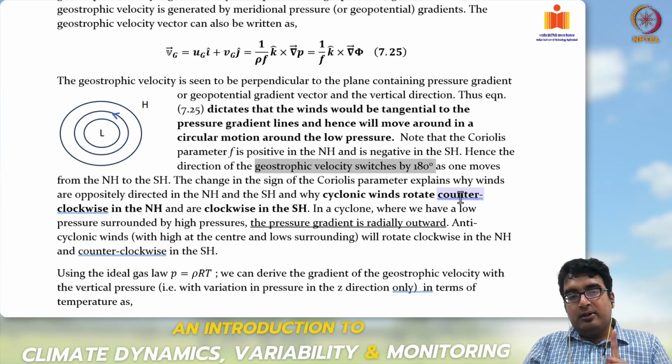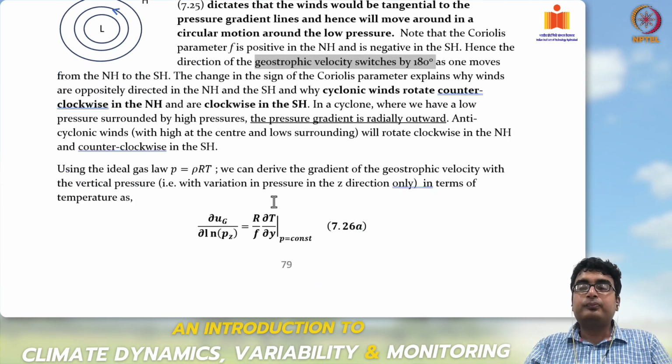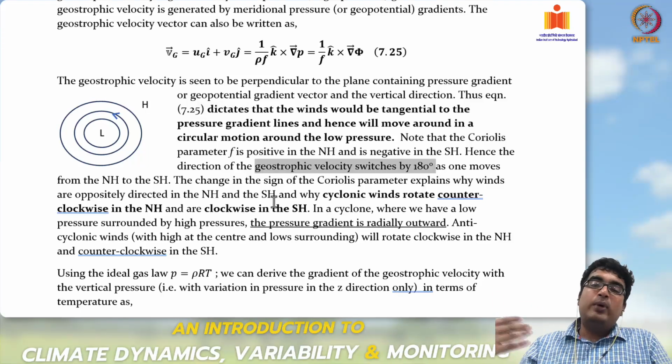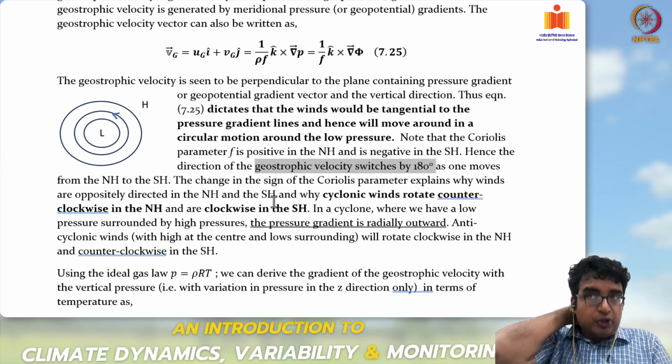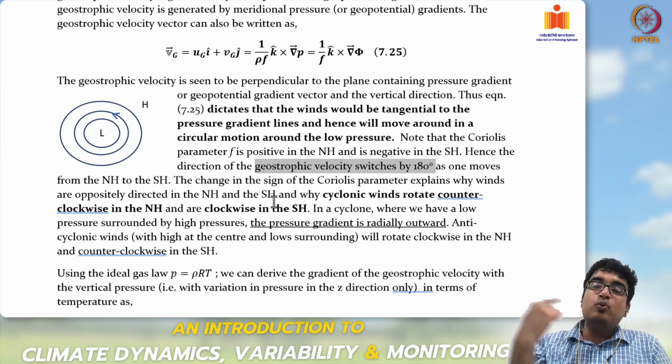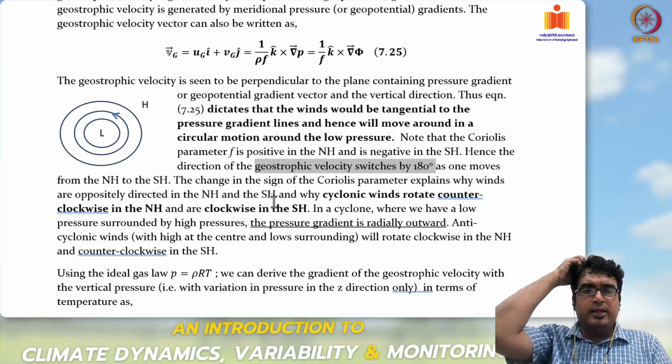Anticyclonic winds rotate clockwise in northern hemisphere and counterclockwise in the southern hemisphere. So this is the reason why we have cyclonic circulations in the first place. The geostrophic balance ensures the winds move in a circle along this low pressure, high pressure gradient.